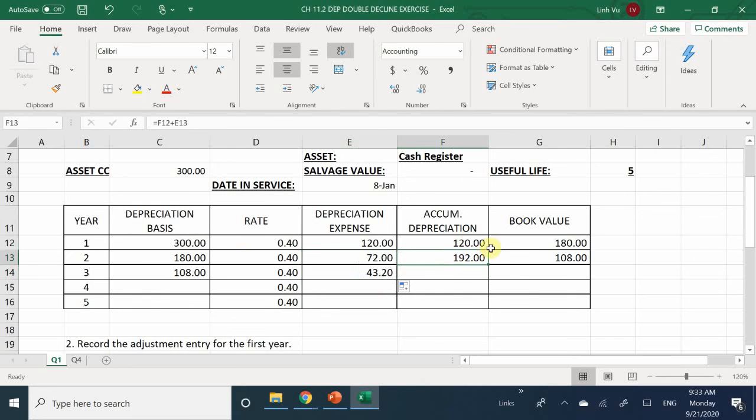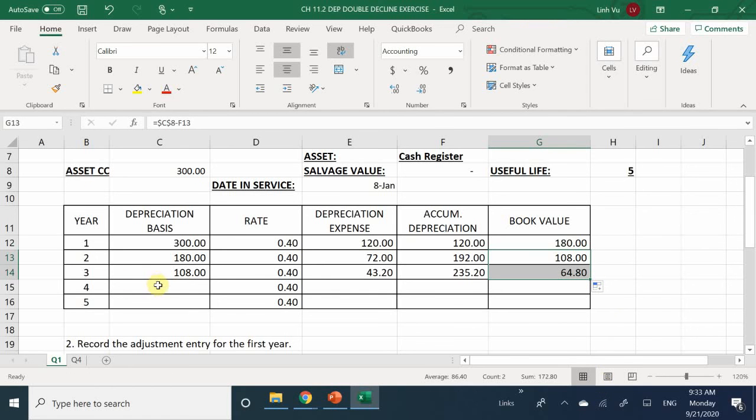What's my accumulated depreciation going to be for year 3? $235.20. And that's going to give me a book value of $64.80.